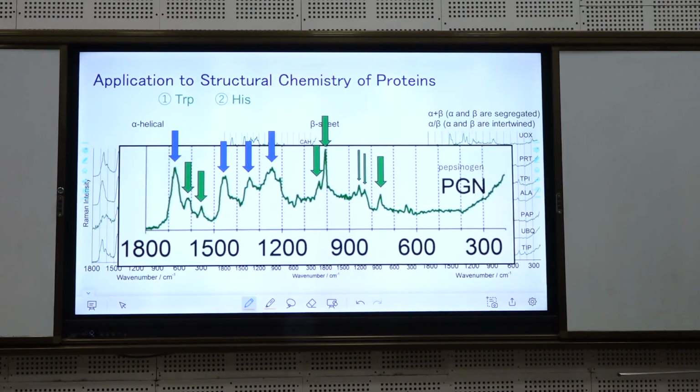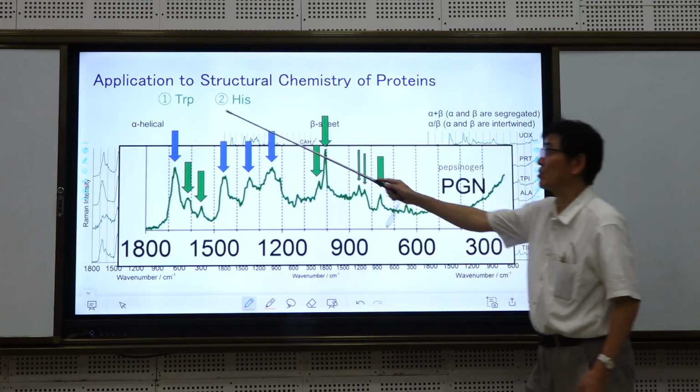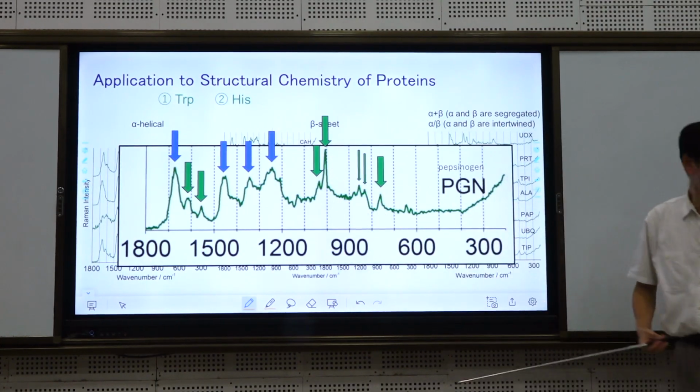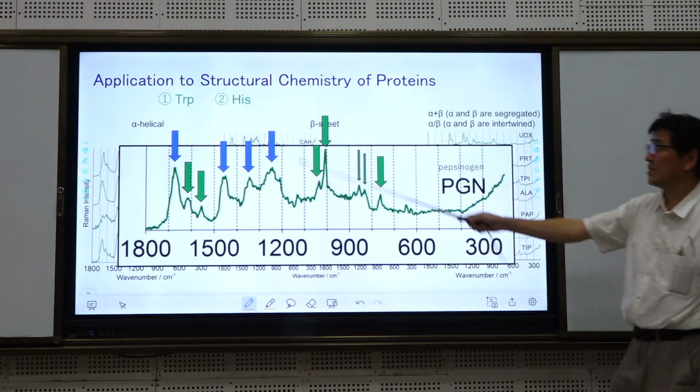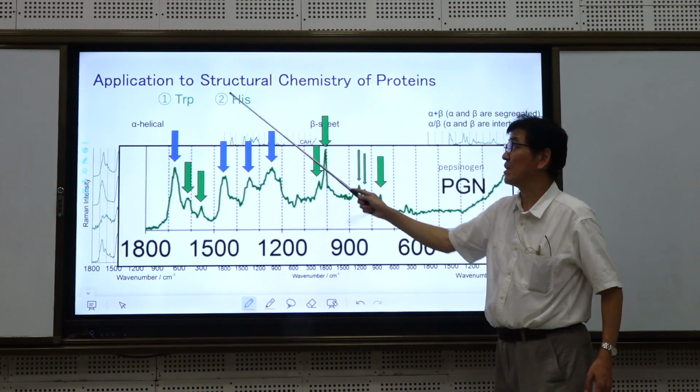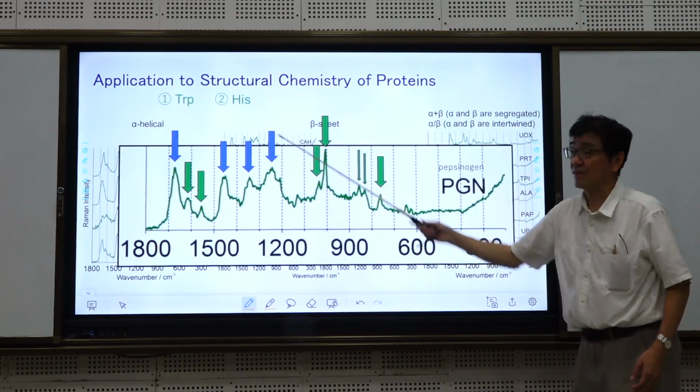They are aromatic side chains, and aromatic side chain has absorption. So it's possible to choose the excitation wavelengths to resonate to the absorption of these bands. So tryptophan and histidine can be selectively detected by resonance band.